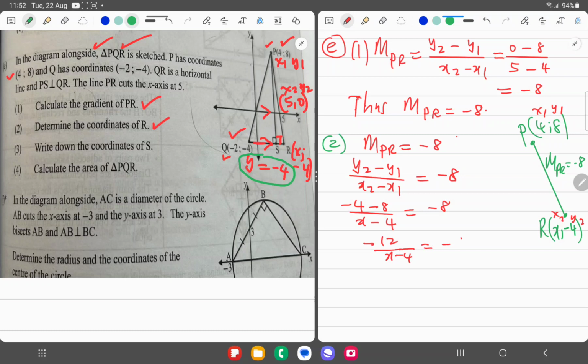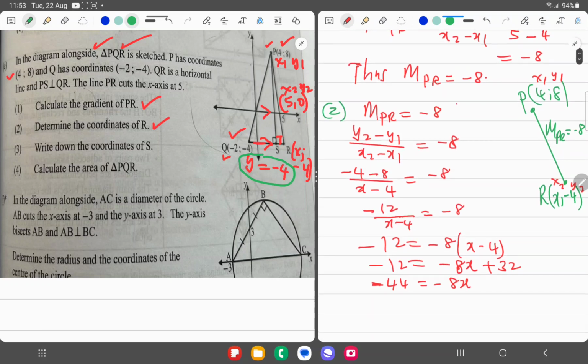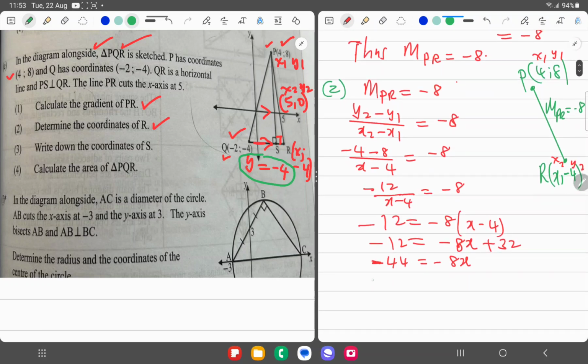which equals -8. We cross multiply, which means -12 is -8 times (x minus 4). This is -8x plus 32, so -12 equals -8x plus 32, which gives -8x equals -44.